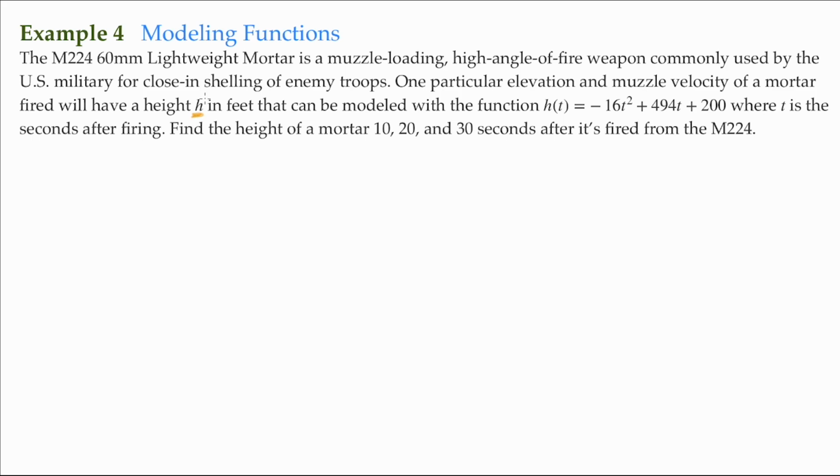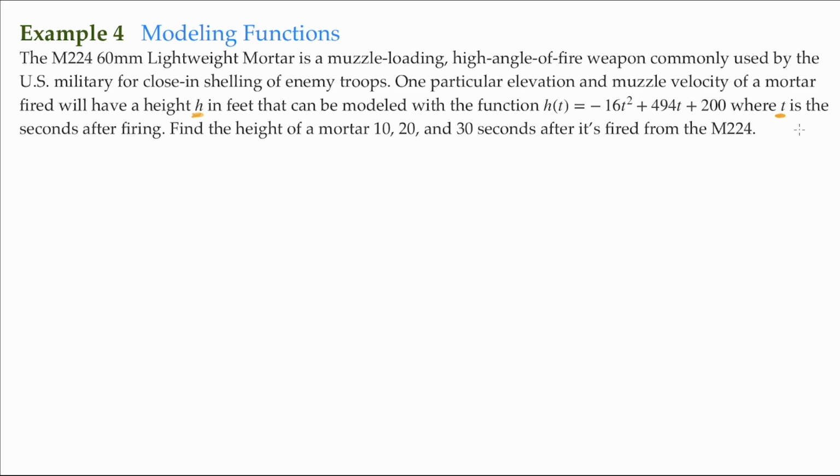A height h in feet can be modeled with the function, and here it is, h of t, so that's how that's pronounced. H of t is equal to negative 16t squared plus 494t plus 200, where t, and here we have t rather than an x and a y, is the seconds after firing.